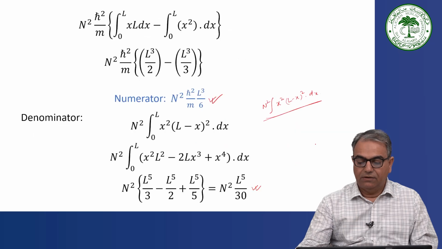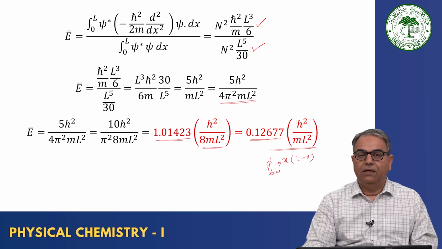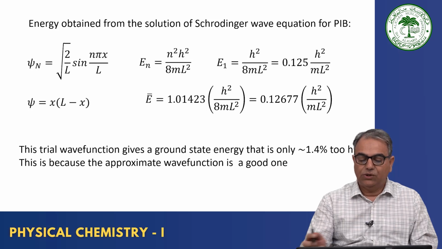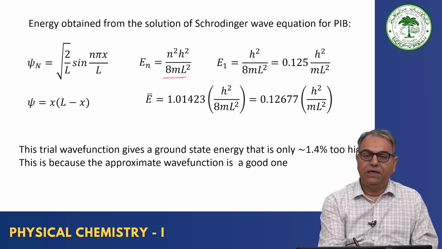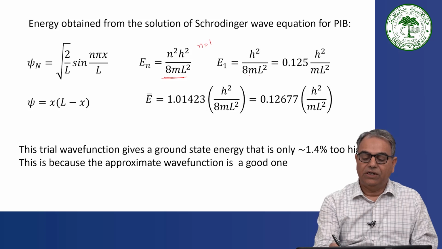This trial function phi trial was x into L minus x. What is the actual energy? You remember, actual energy is n square h square divided by 8 m L square, and for the ground state n is equal to 1, so it is h square divided by 8 m L square, and 1 divided by 8 is actually 0.125.